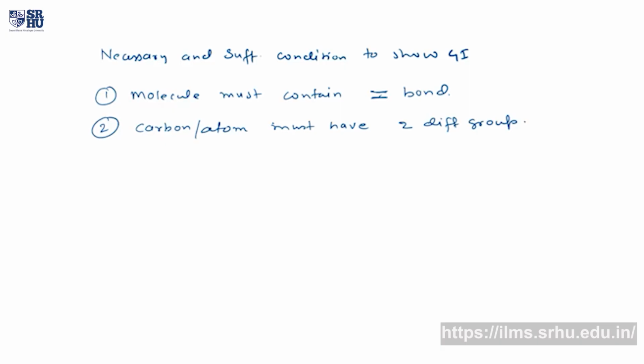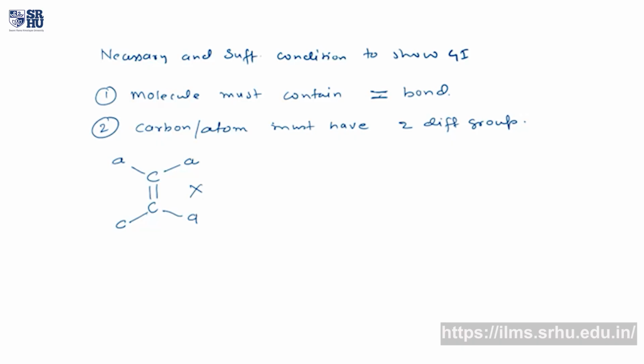A carbon which is double bonded to another carbon cannot have the same group twice. For example, if this is group A and this one is also A, but this is B and this is C, or this is A and this is C, this is wrong. This will not show geometrical isomerism.